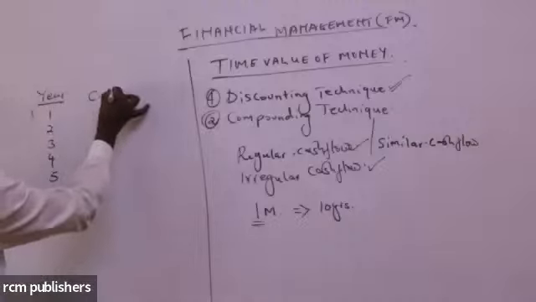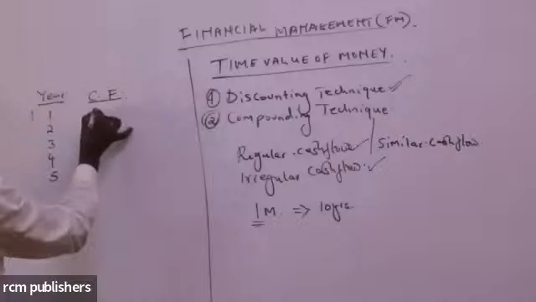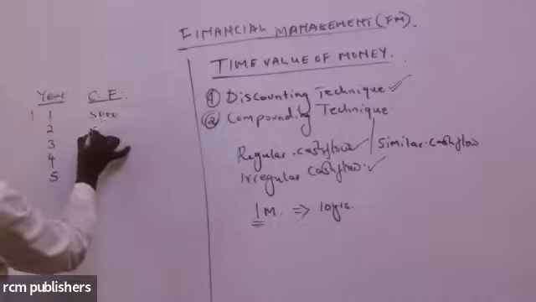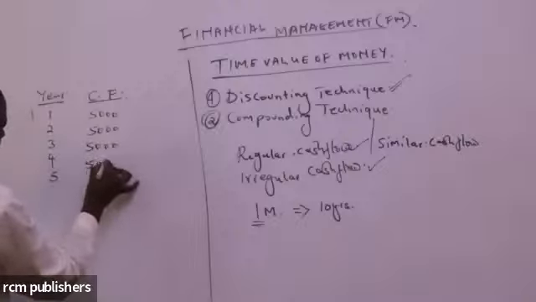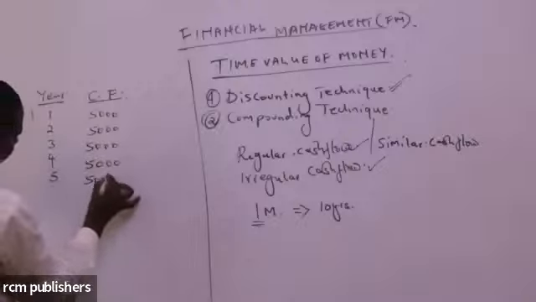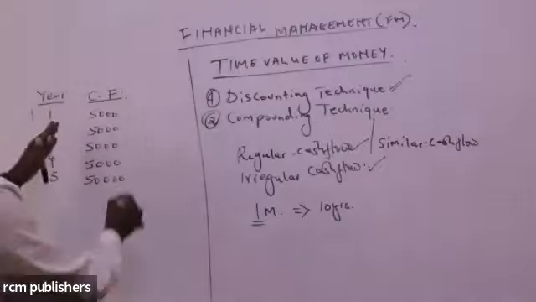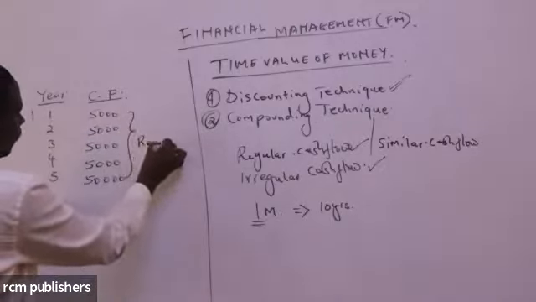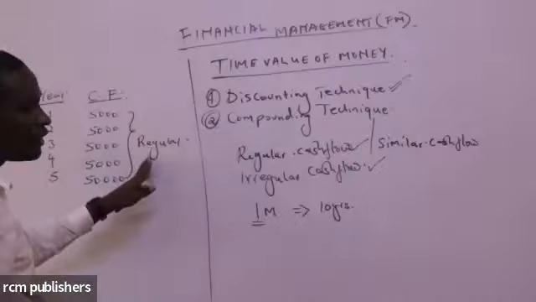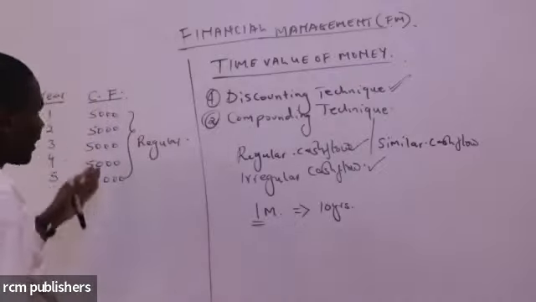And the cash flow here is 5,000 each year, 5,000 each year, 5,000 like that each year. So this is regular cash flow, or these cash flows are in regular form because they are similar throughout.